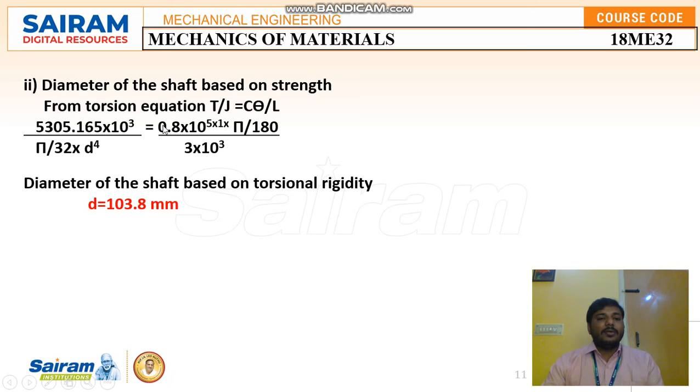G, the modulus of rigidity, is given as 0.8 into 10 to the power of 5, and theta is 1 into pi by 180, divided by L, which is given as 3 meters. Converting 3 meters to millimeters, it becomes 3000 mm.